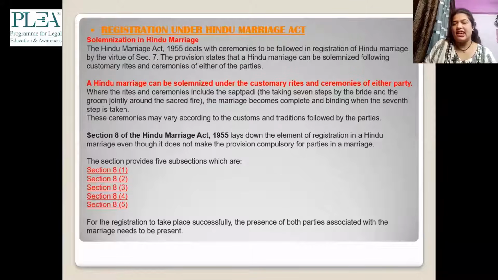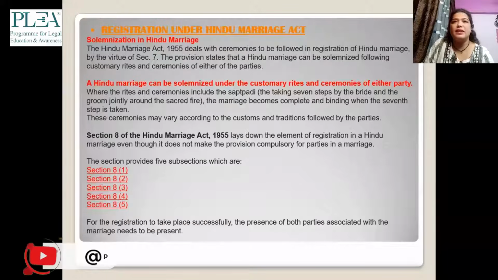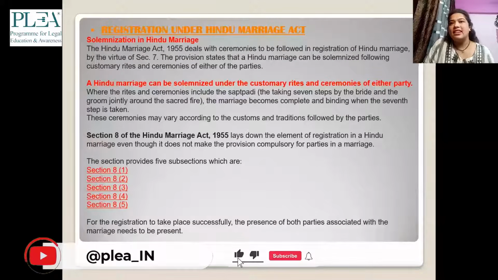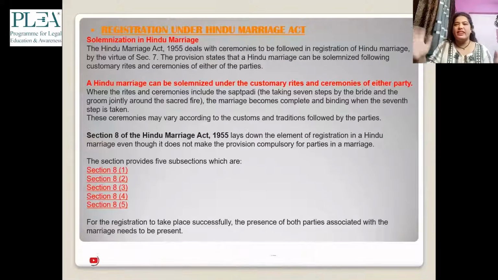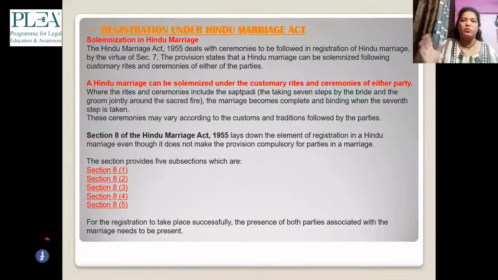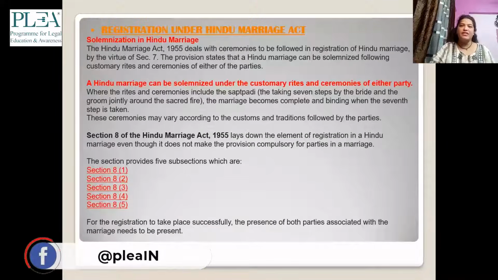Under Section 7 of the Hindu Marriage Act, the provision states that a Hindu marriage can be solemnized following the customary rites and ceremonies of either of the parties. At times people are from different castes, creeds, communities or whatever, so there is some difference in everyone's customs.